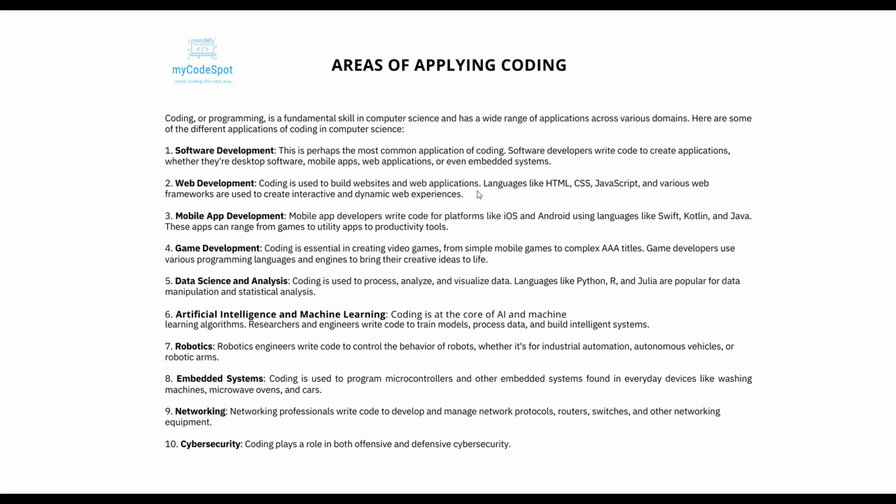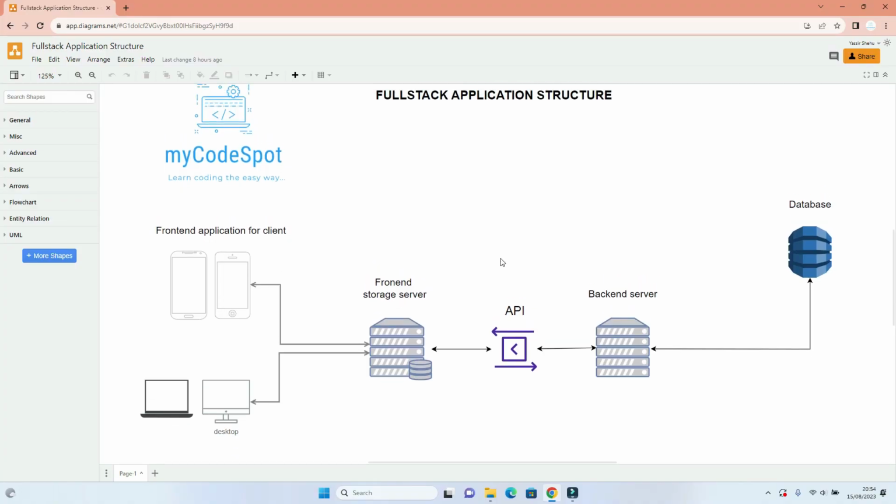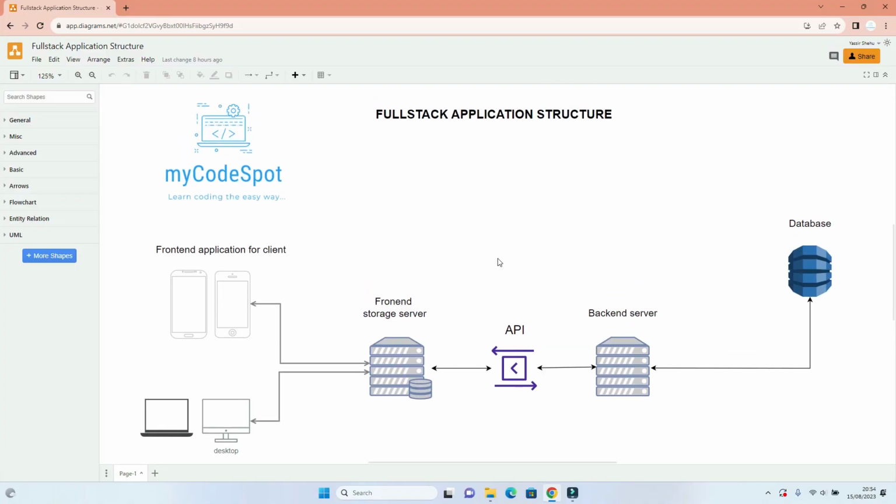Now we're going to look at the basic structure of every web application. You're going to look at the principle behind every web application, how it is structured and how it works. This is the structure of every web application. You would notice that every web application follows this principle, which I'm going to explain right now.